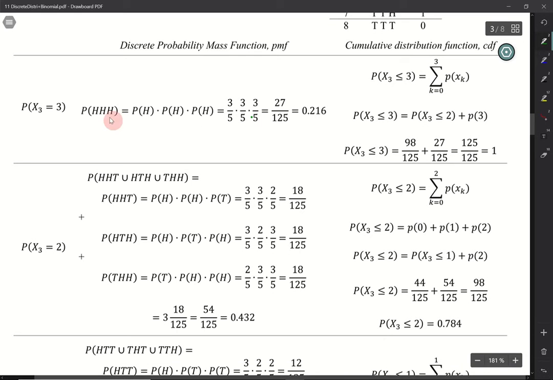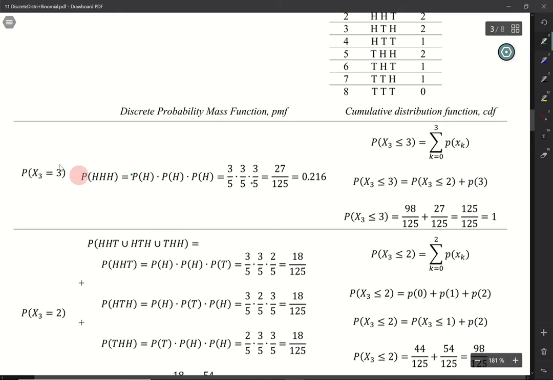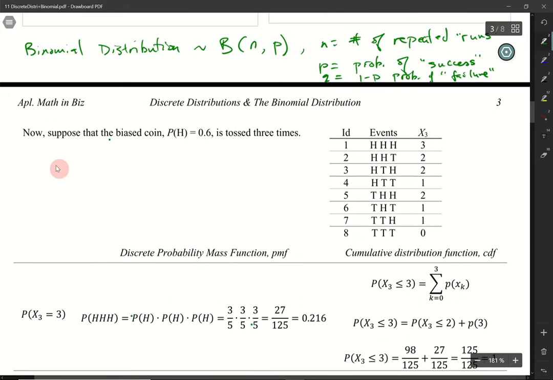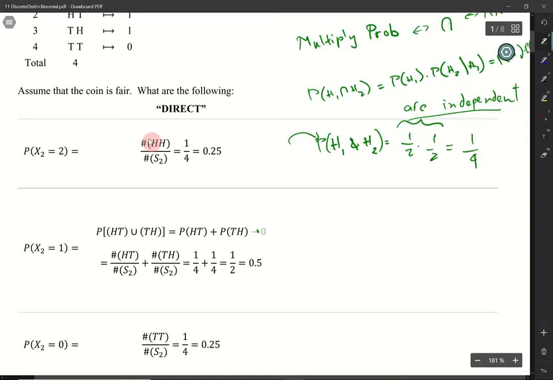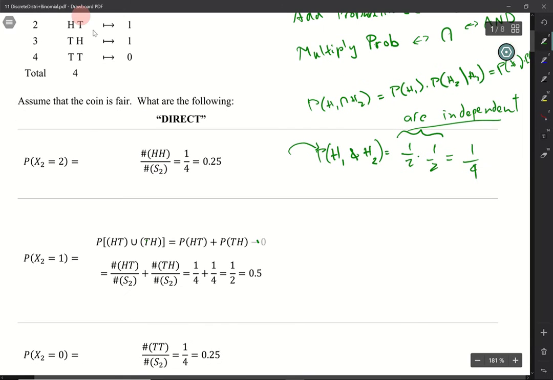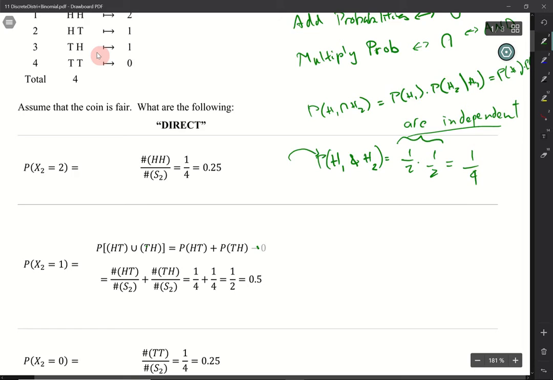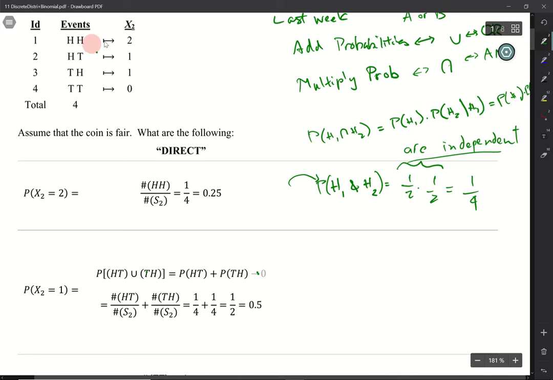where here, though, we can no longer do the traditional approach from the definition of probability, where we take the number of those divided by the number of those. Why? Because all of these were equally likely. So we can count up the number of occurrences as long as they're equally likely.